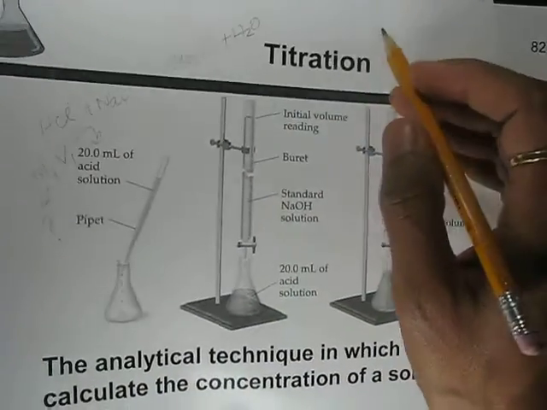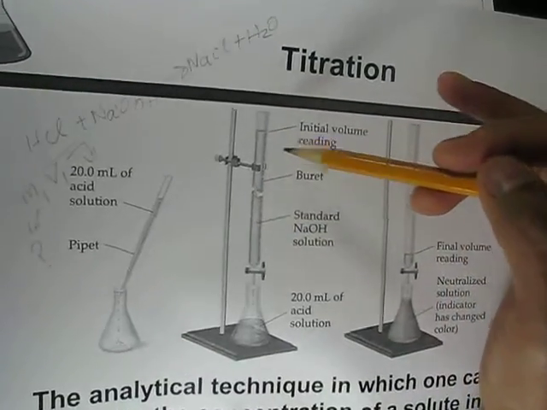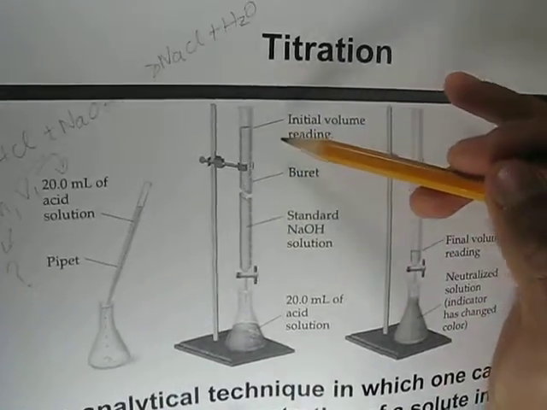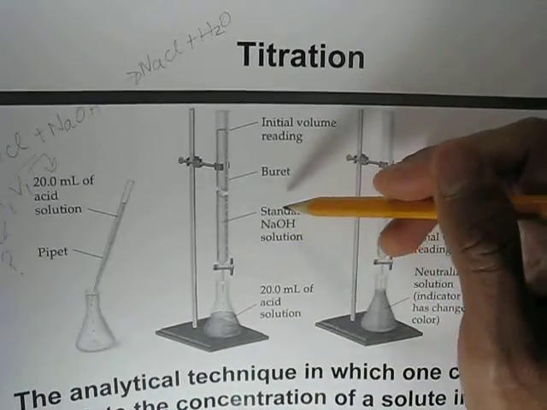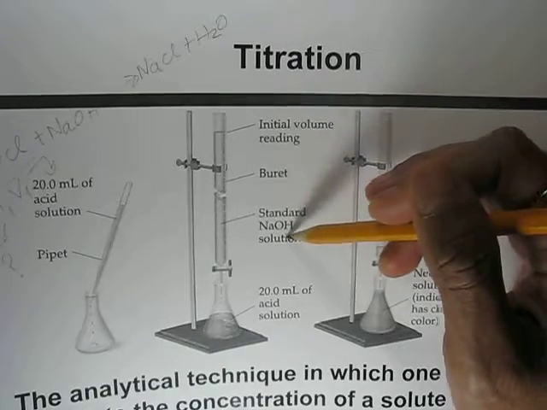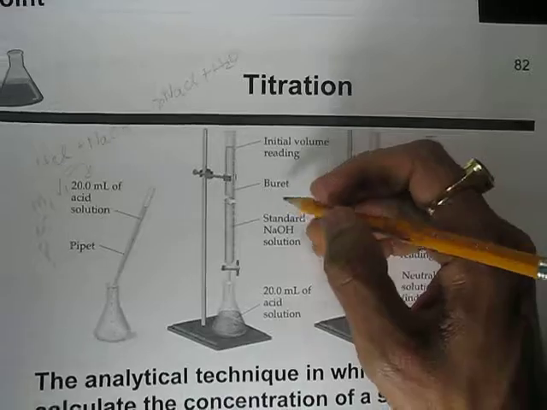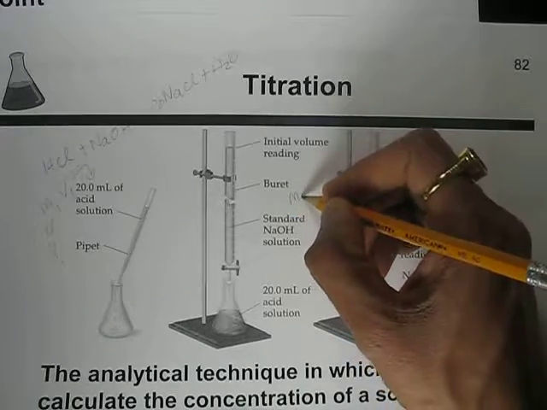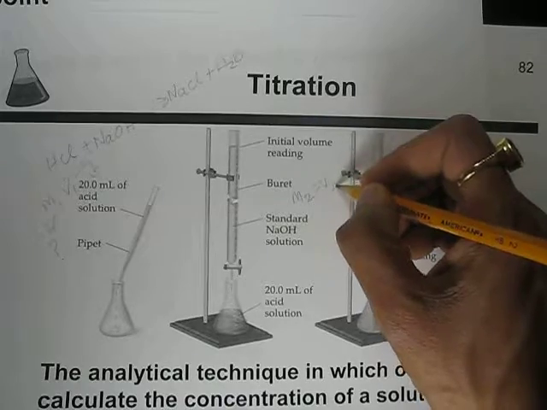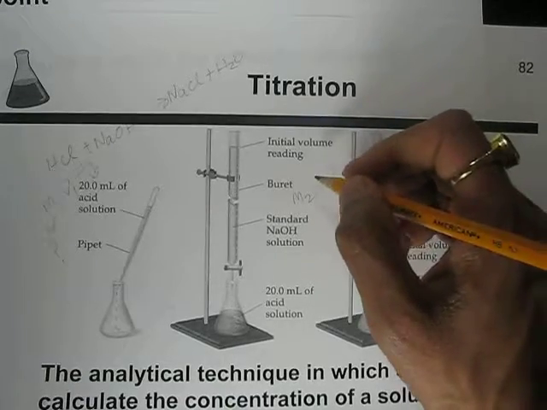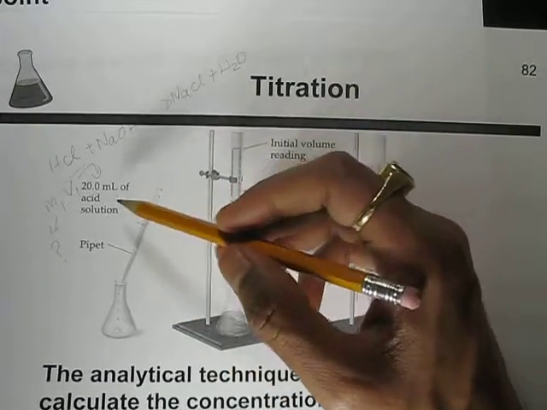So what we have to do is take a burette, which is a long graduated cylinder-type glass apparatus, and fill it with the sodium hydroxide solution, which is the standard solution. We know its concentration, M2, and then we have to find the V2 that has been used for the neutralization of 20 ml HCl.